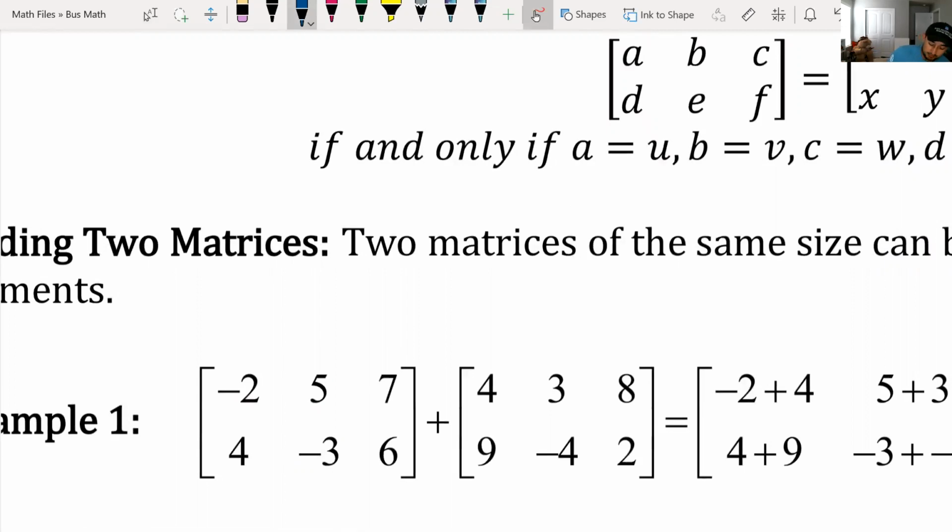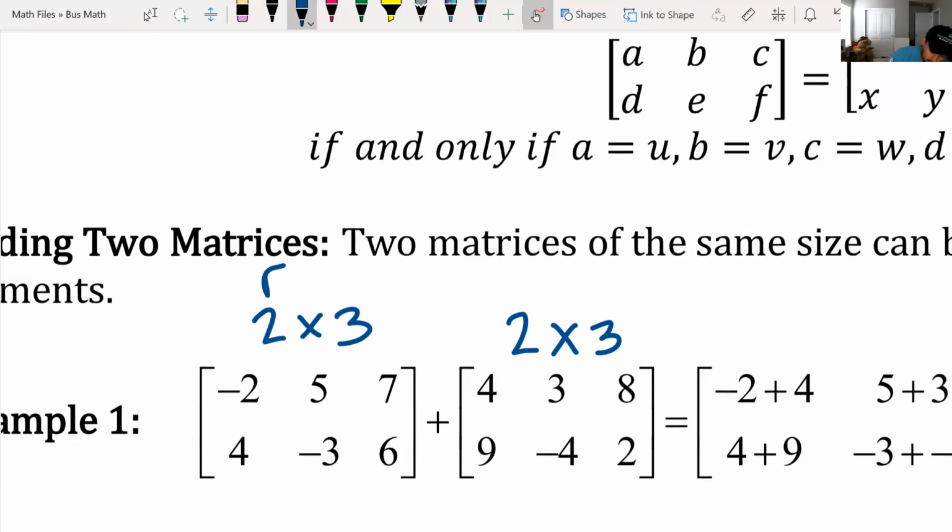So matrix 1 would have 2 rows and 3 columns. Matrix 2 has 2 rows, 3 columns. Since they are the same size, you can add these matrices together.